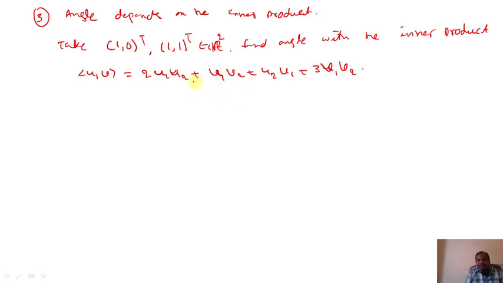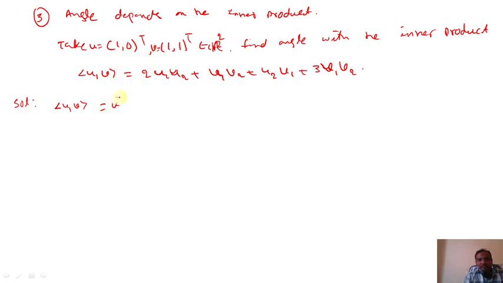This is an inner product. You can check this with the matrix. They are asking to find the angle between these vectors with this inner product. For this inner product, suppose this is the u vector and this is the v vector. Now first find u comma v. Solution: what is u comma v? The inner product of these two vectors.